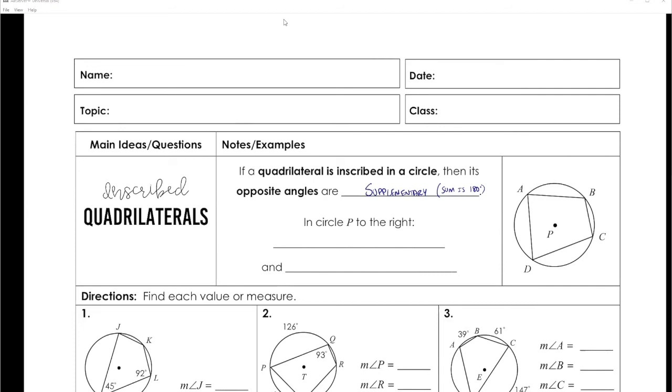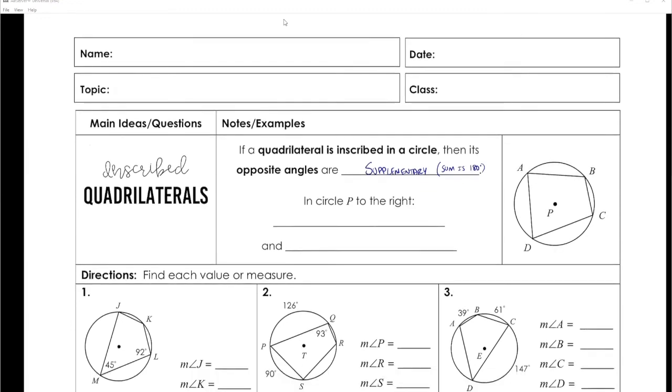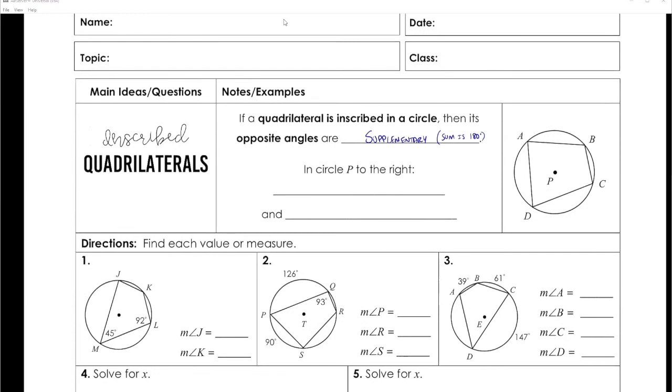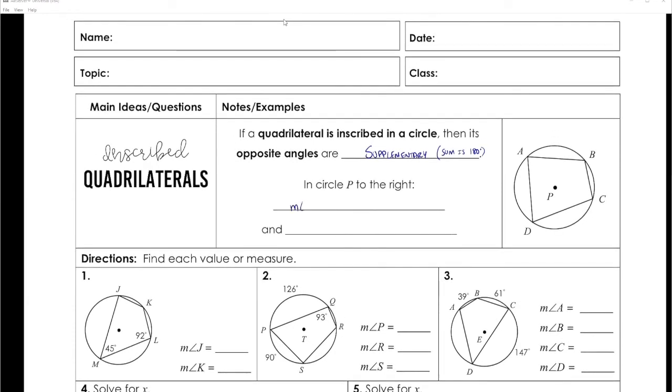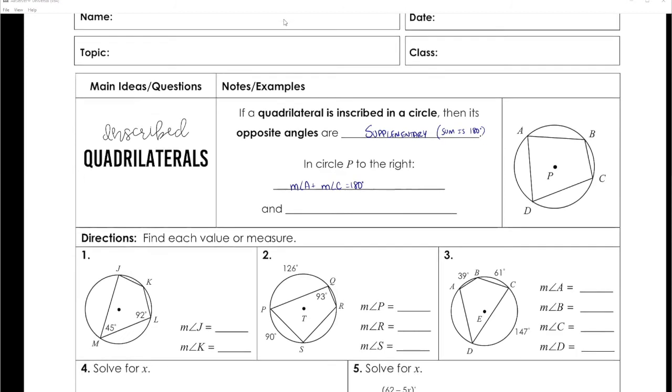So we look at our circle to the right. Circle P has ABCD quadrilateral inscribed in it. That means that the measure of angle A and its opposite, angle C, are 180. And then the other rule, angle B and its opposite, angle D, are also 180.